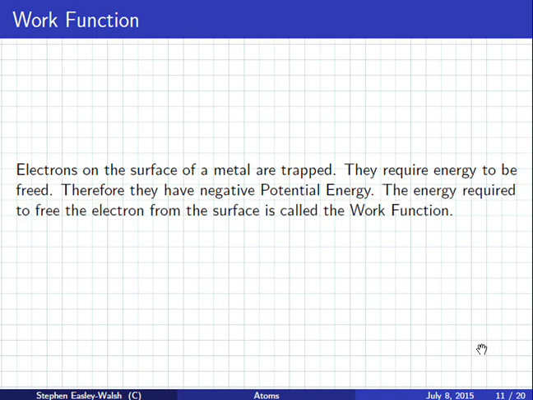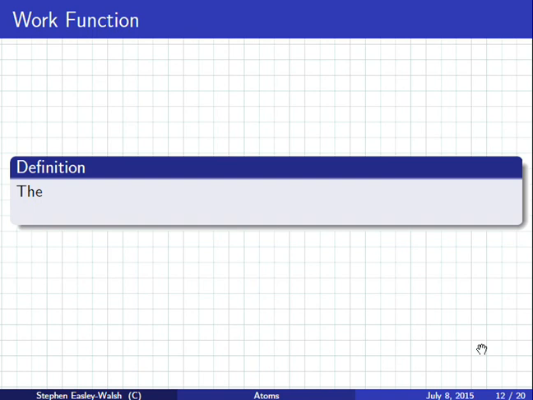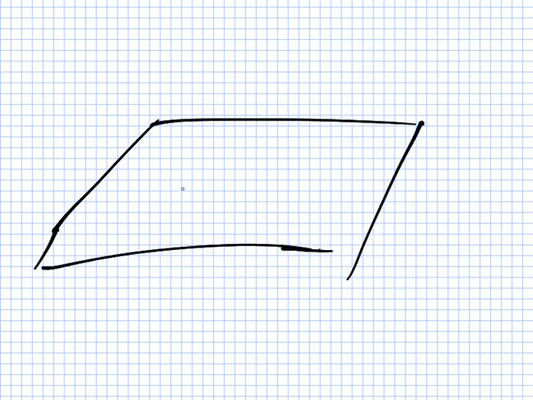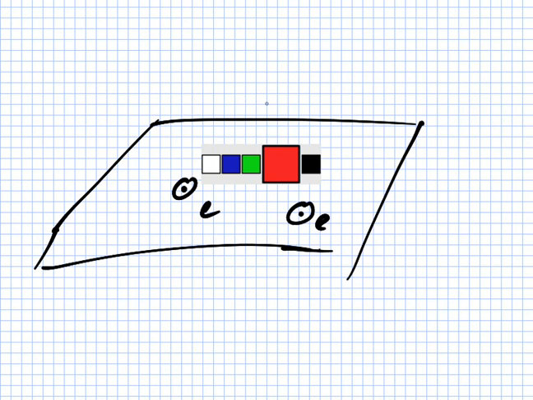Therefore, they have negative potential energy. The energy required to free the electron is called the work function. Let me explain that more clearly. If I have some metal, we picture little electrons on the metal, and they're trapped. If I want to free an electron, I need to give it some energy.